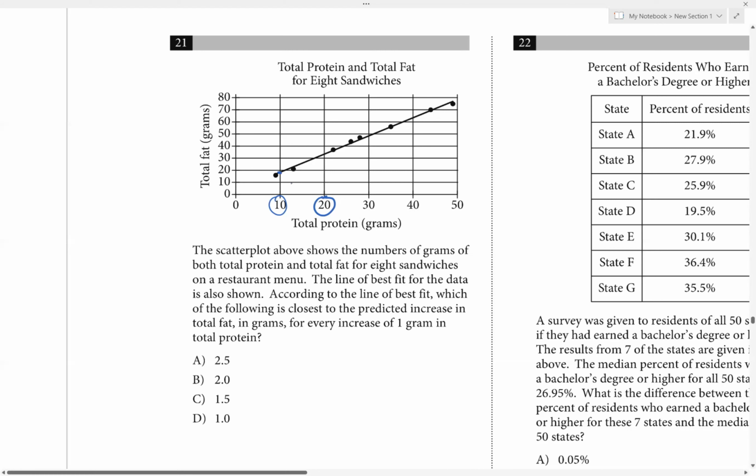When the protein is 10, the total fat is a little bit less than 20, right? So let's say 19. We have a point at (10, 19). And when the x value is 20, the y value is roughly, I would say, 32, a little bit higher than 30. So let's just use these numbers.